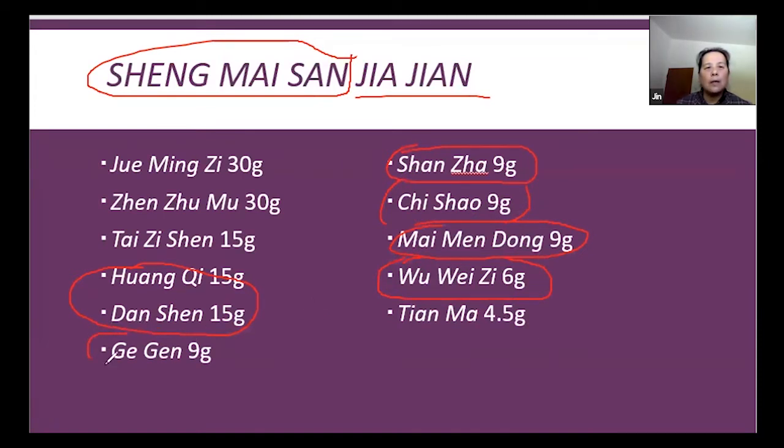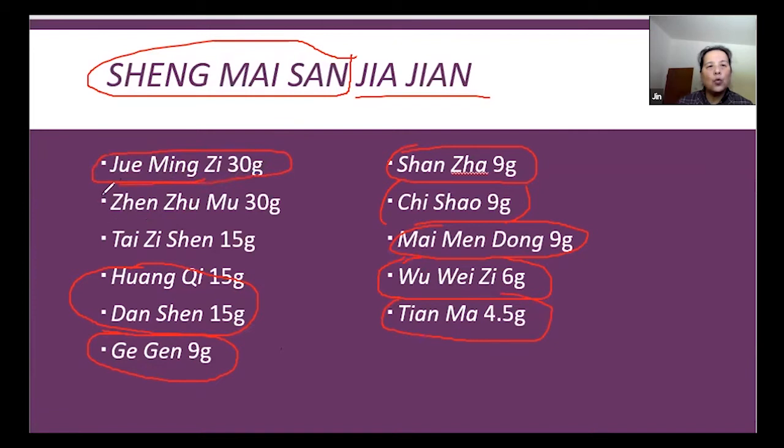Jie geng is a qi-moving herb, especially for the upper jiao. Tian ma basically belongs to the liver, especially for conditions with some internal wind, like a patient with some dizziness, so we add it here. 龙骨 and 牡蛎 also work for internal wind conditions.